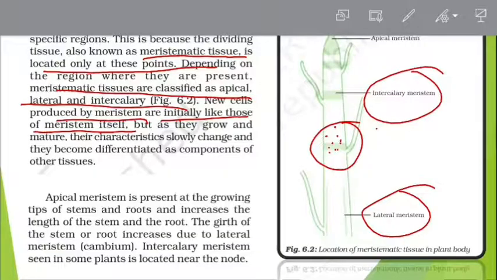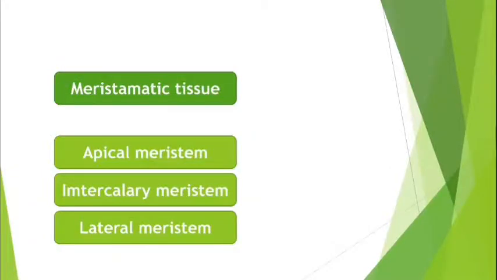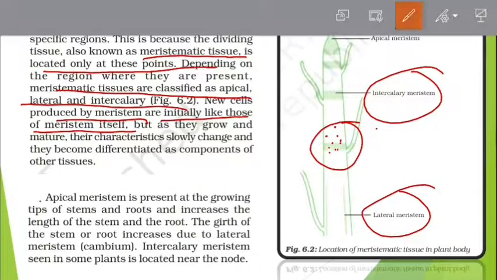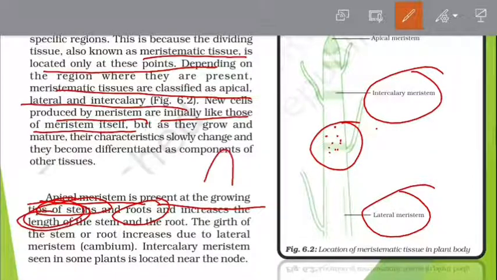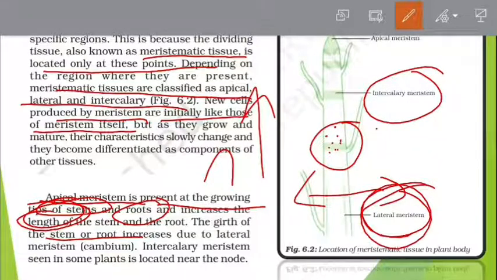The apical meristem is present at the growing tip of the stem and root. We have studied earlier that the cells present at the tip are called apical meristem and increase the length. The girth of the stem or root, the girth meaning the breadth, is increased by the lateral meristem, and this lateral meristem is also called cambium.